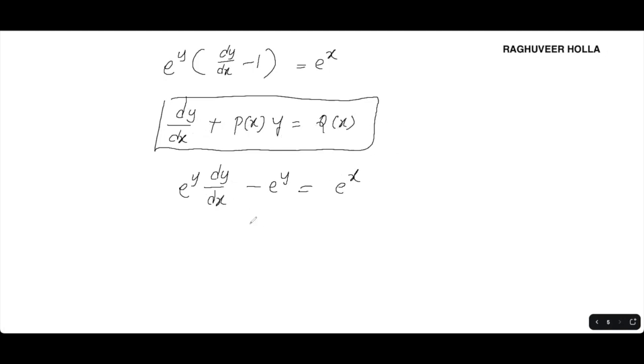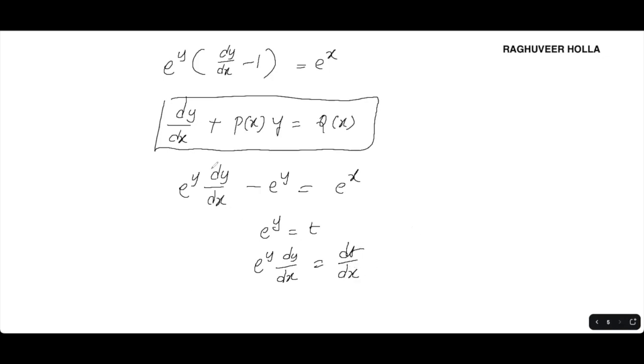So let us substitute e to the power of y as t, okay, that becomes easier. When you differentiate this with respect to x, this becomes e to the power of y into dy by dx is equal to dt by dx.